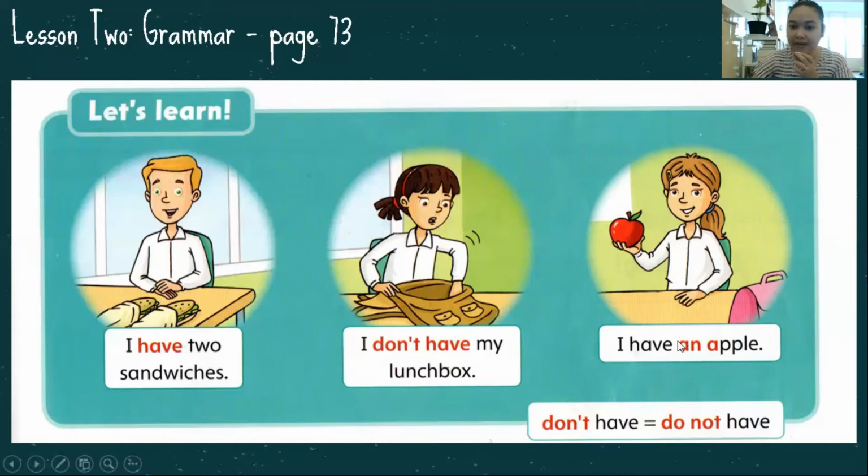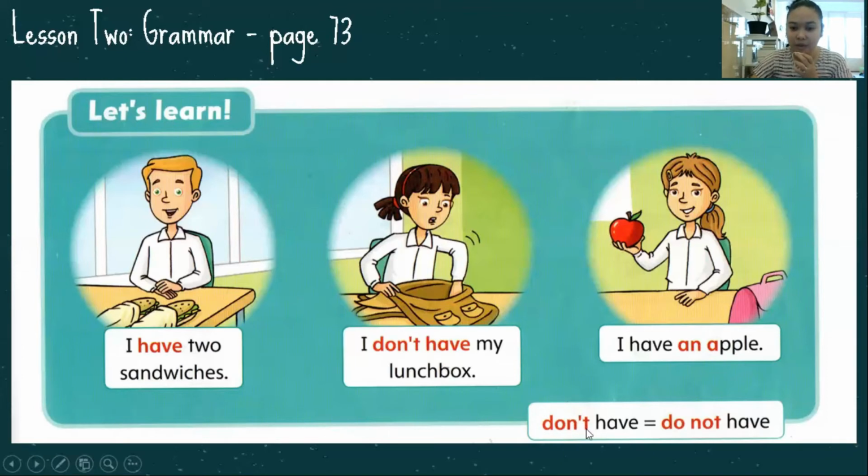Here we have the word an. We use an if the next word begins with a vowel. Apple begins with letter A. A is a vowel. So we use the word an. I have an apple.